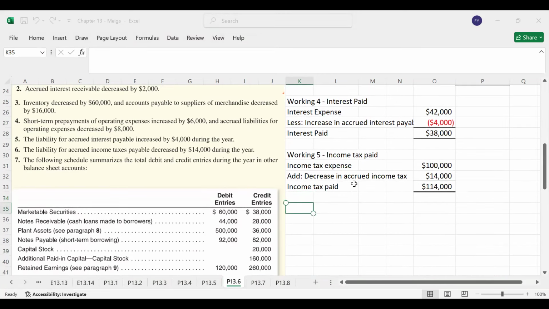So we are going to calculate working 6, which is related with the proceeds from the sale of marketable securities.